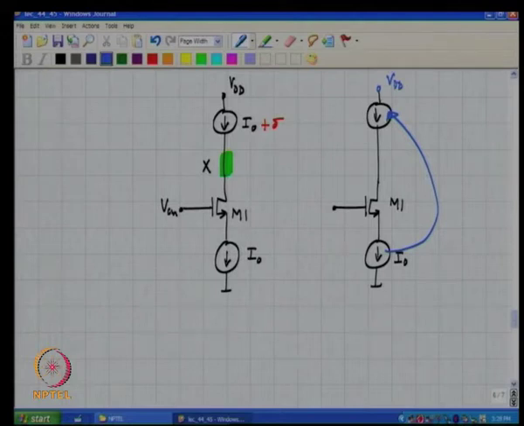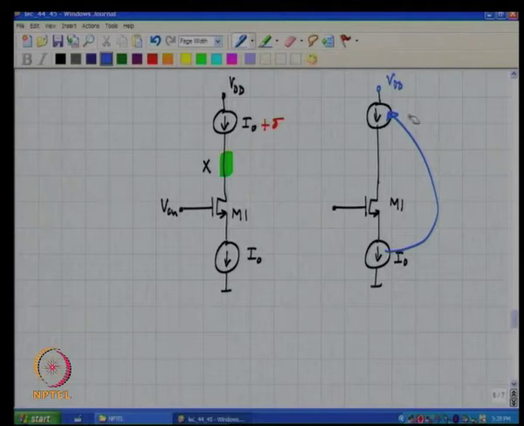So, in other words, the load current is not some random current, but is chosen to be exactly equal to the strength of the tail current source.